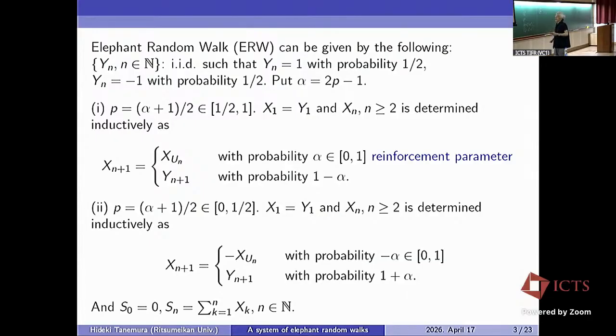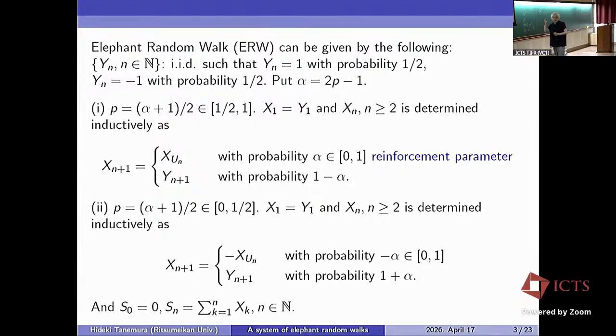This is positive reinforcement. And if p is between 0 and half, this is given like that: with probability minus alpha, where minus alpha is between 0 and 1, X_{n+1} equals -X_{Un}, the opposite direction.